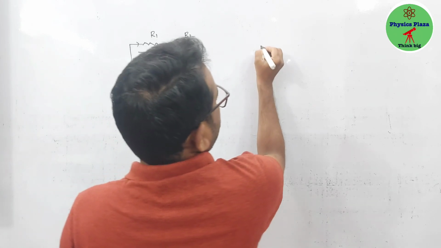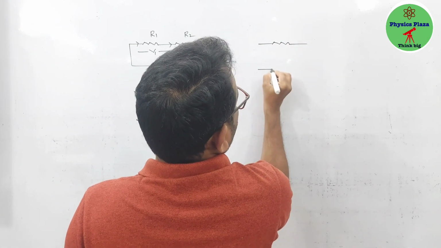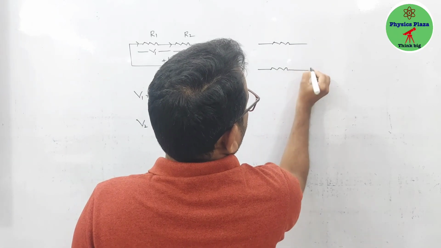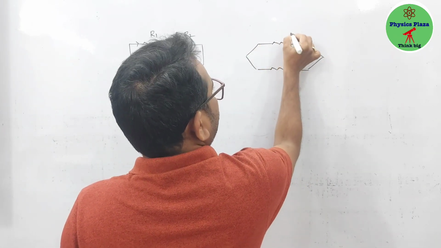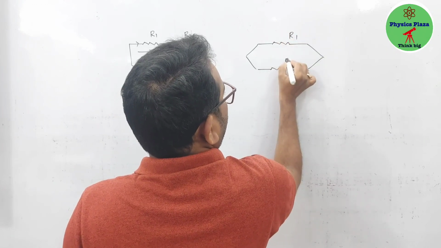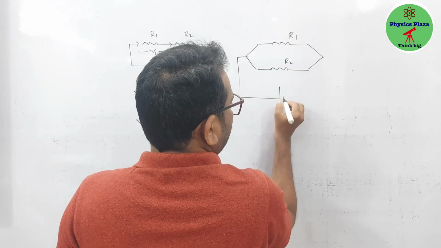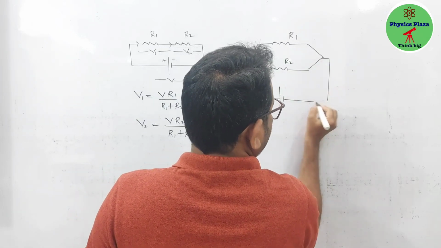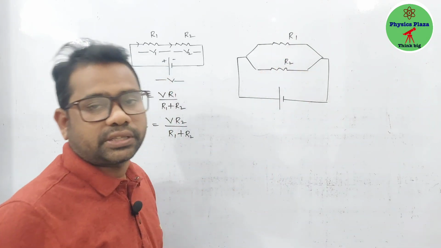If the same two resistors, R1 and R2, are connected in parallel, what will happen, children? In a parallel connection, the potential difference will be the same across each resistor.